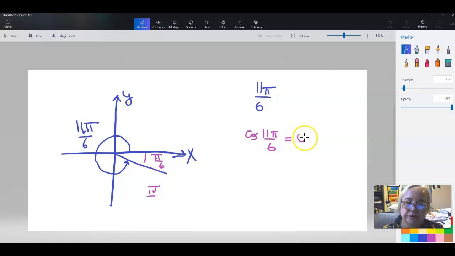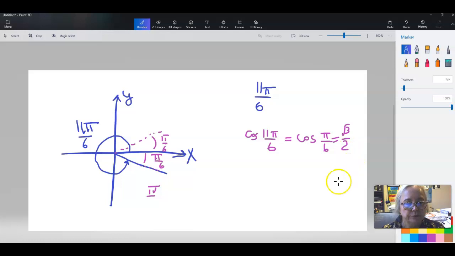So cosine 11 pi over 6 will be equal to cosine pi over 6, which is positive, and the value of cosine pi over 6 is square root of 3 over 2.